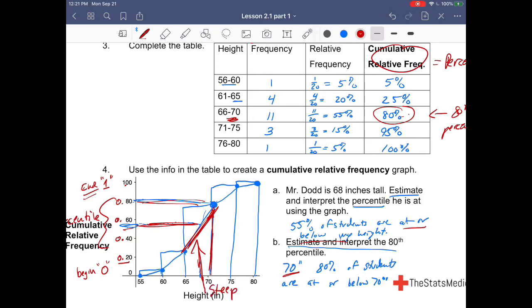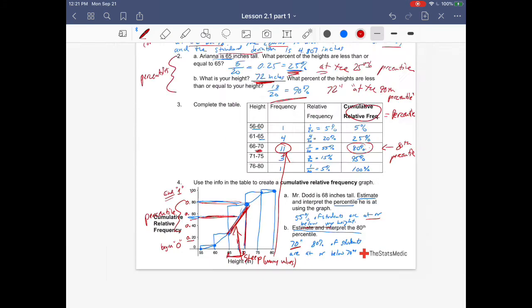Whenever you see a steep line, you can tell that it has many values, because over this 5-inch interval the cumulative relative frequency did shoot up, and you can see that there were a lot of values in there. That is definitely related to the steepness of the cumulative relative frequency.